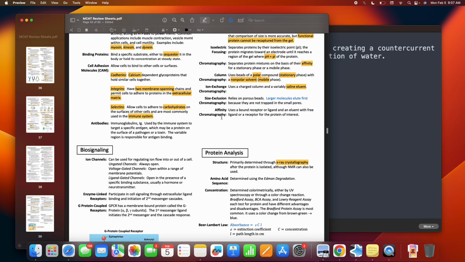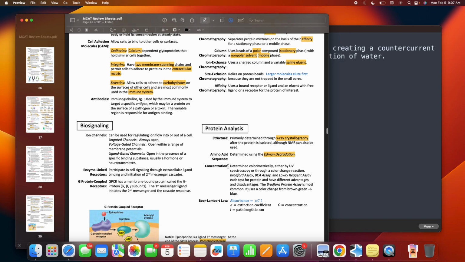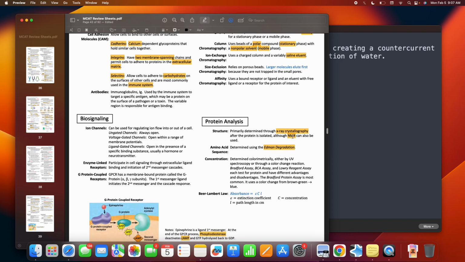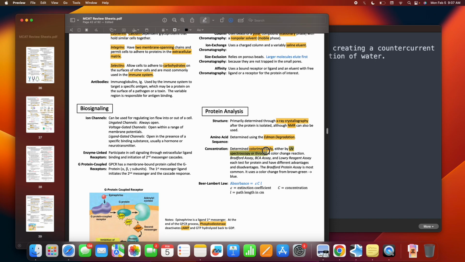like we had here with isoelectric focusing or one of these techniques. For the amino acid sequence, it's determined using the Edman degradation. We can research about these. For concentration, it's determined colorimetrically, either by UV spectroscopy or through a color change reaction. There might be actually questions from this.